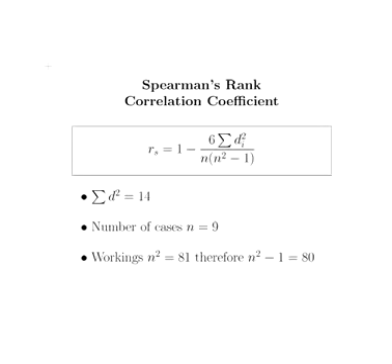And moving on, so what we have now is the sum of D squared is 14, the number of cases is 9. Let's work it all out here. So 6 times the sum of D squared is equal to 6 times 14, that is equal to 84.